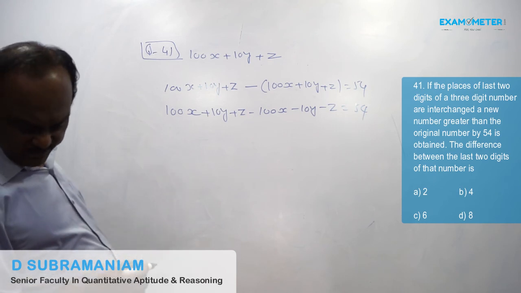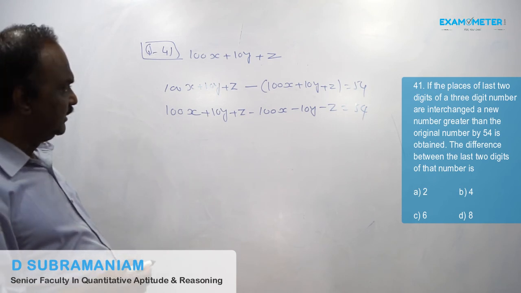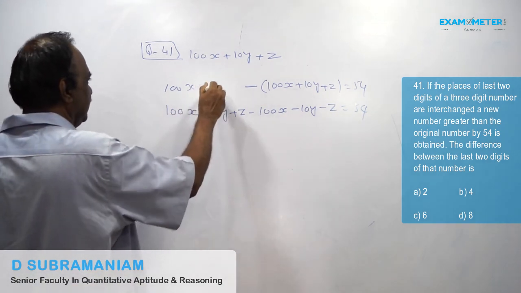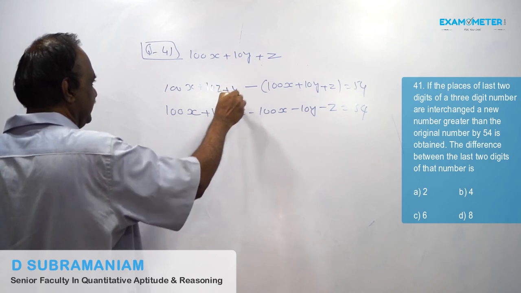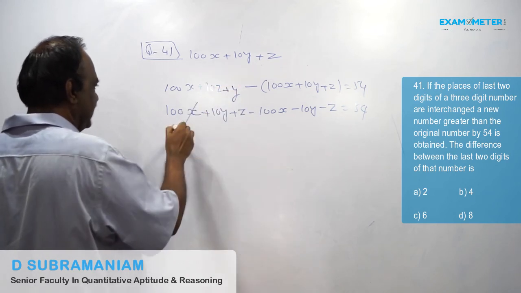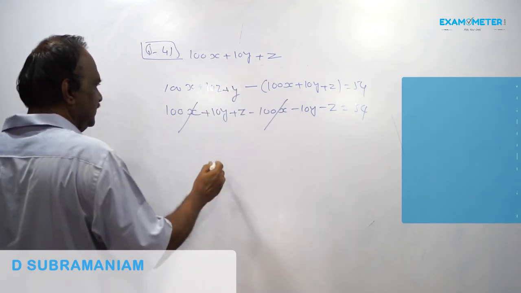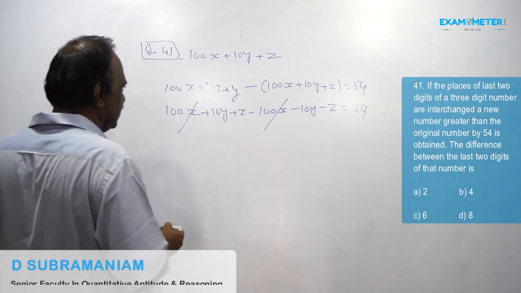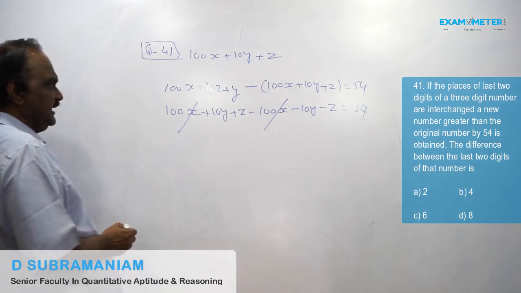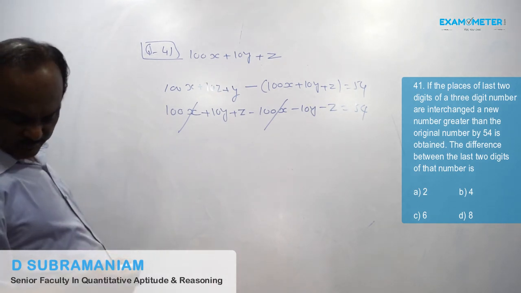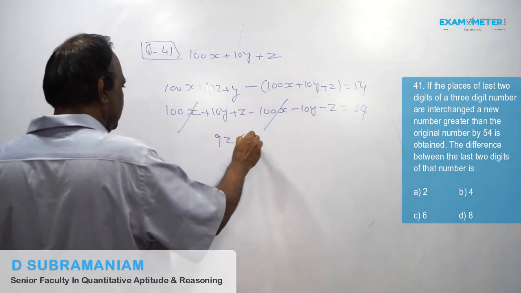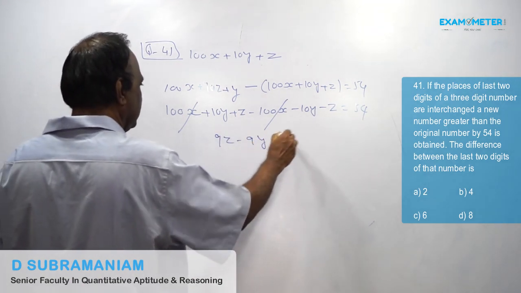Last 2 digits are interchanged. That is 10z plus y. So this will cancel. Then this will be 10z, 9z minus 9y. 9z minus 9y will be 54.